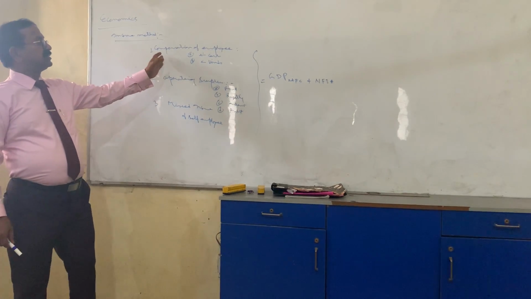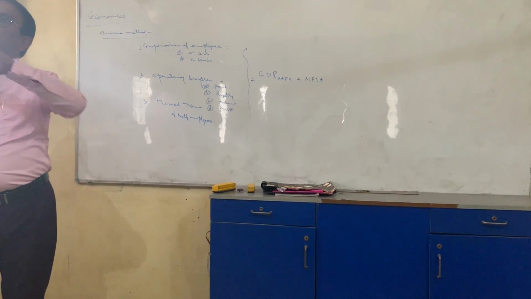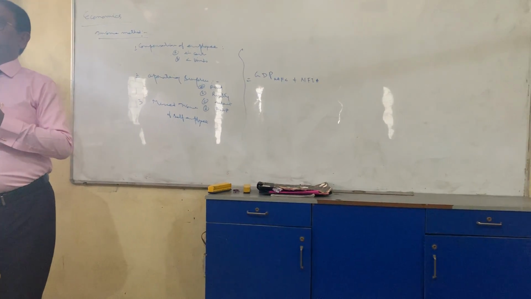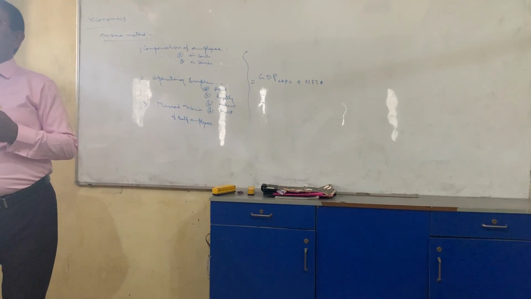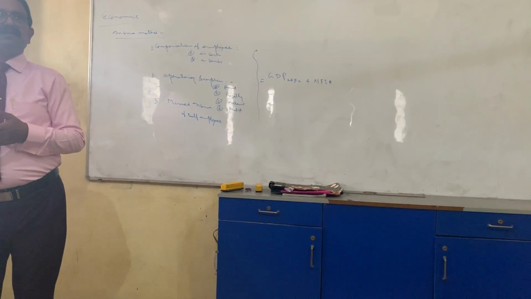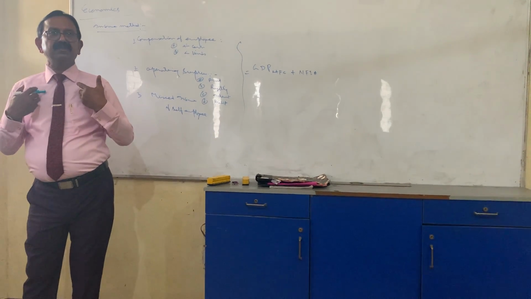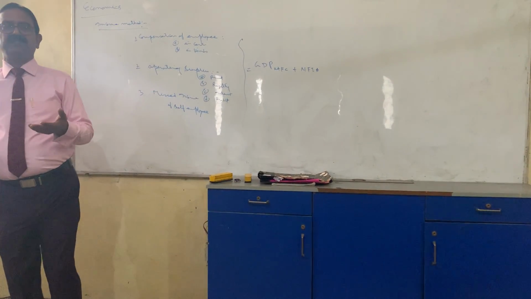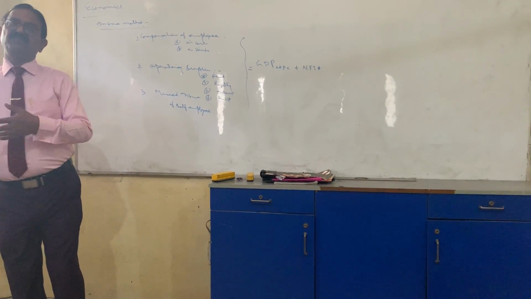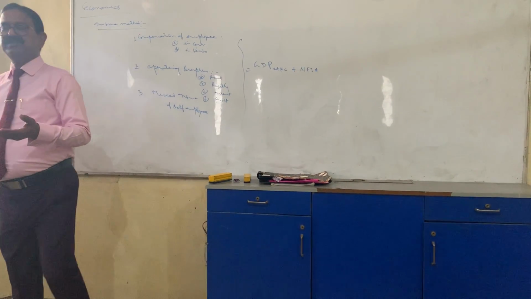So, income method, what are the components of income method? The first is compensation of employees. It means all types of income in India we have to take into consideration. Someone is doing a job like us, all teachers are doing jobs for RPS. Someone is doing a government job, someone a private job.